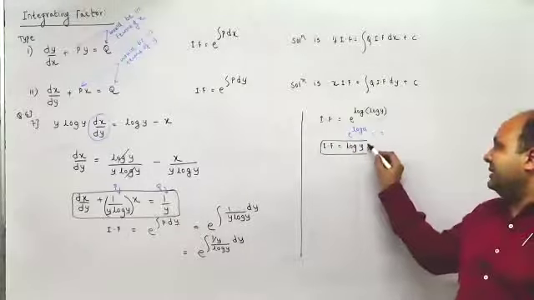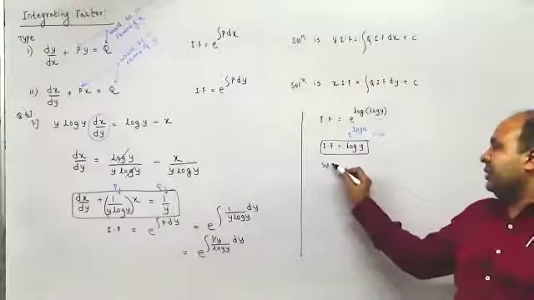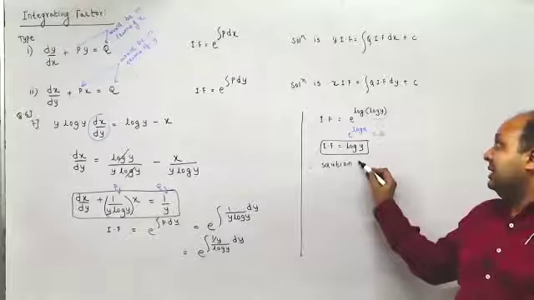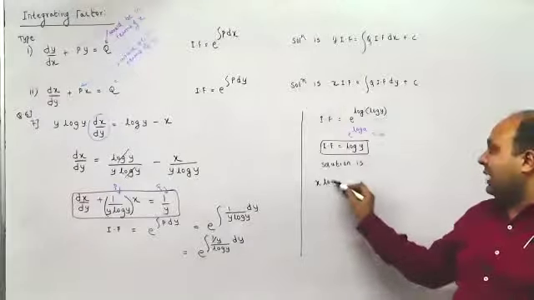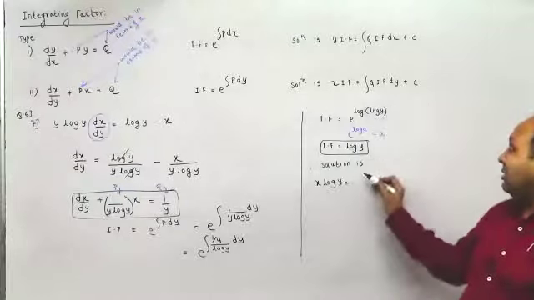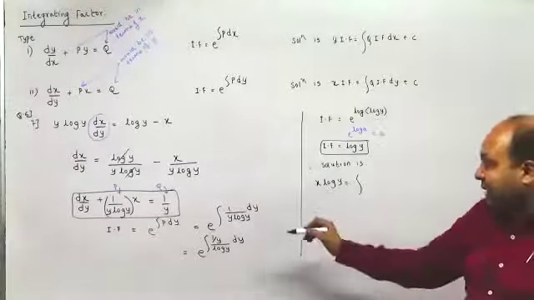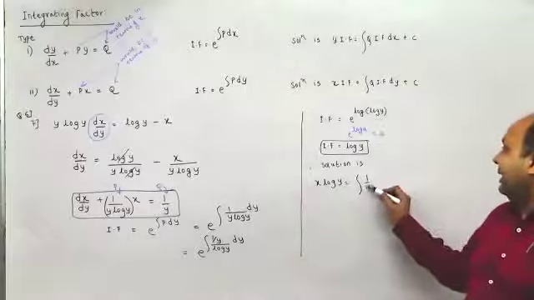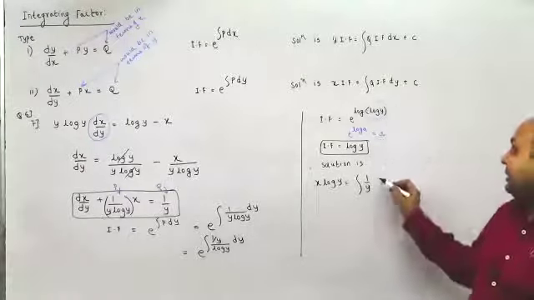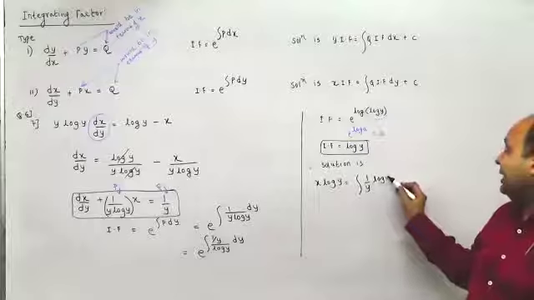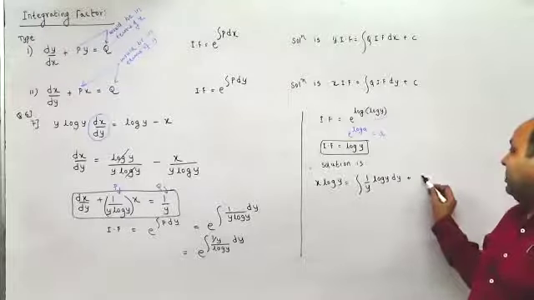Once you get the integration factor, the solution is what? First I'll write x into IF, x into log y, equal to the integral of q. What is q here? 1 by y, and q into IF, so that is log y, dy plus c.